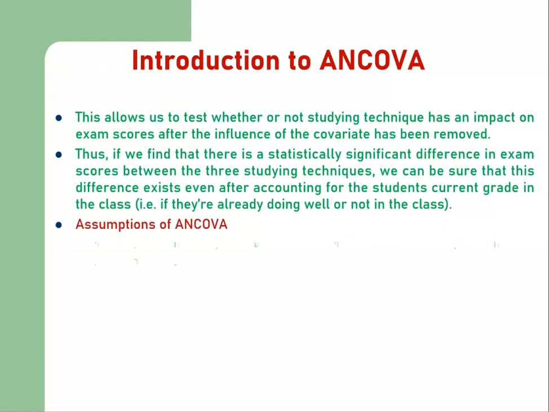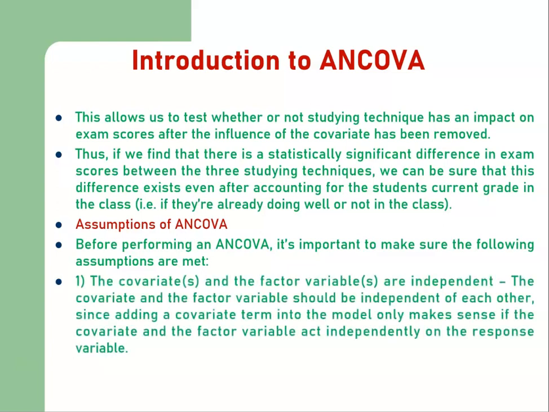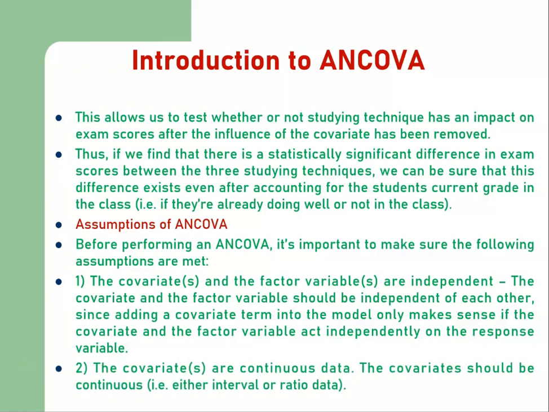There are a number of assumptions of ANCOVA, and before we perform ANCOVA, it is important to make sure the following assumptions are met. The covariates and the factor variables should be independent of each other. The covariates should be continuous and measured either on an interval scale or on a ratio scale.